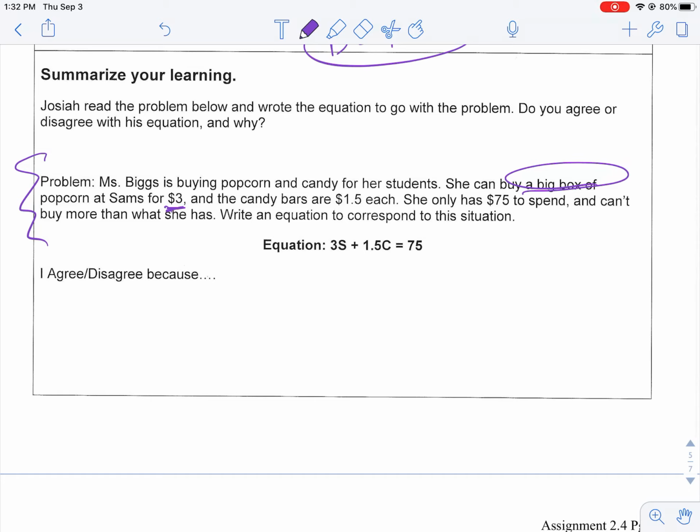Usually it just means 1. If your parents say, I'm going to give you a spanking, that would be 1, hopefully, right? If I said I'm going to give you a piece of candy, you're only expecting 1. So instead of 3s, he really just needed a 3 to go along with this. So I would disagree, and you could say because there's 2 variables, because s should equal 1, because the s variable was not needed, anything like that.